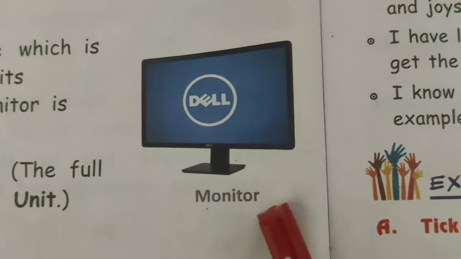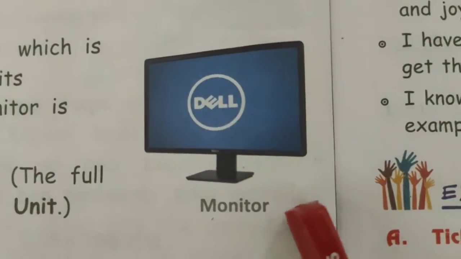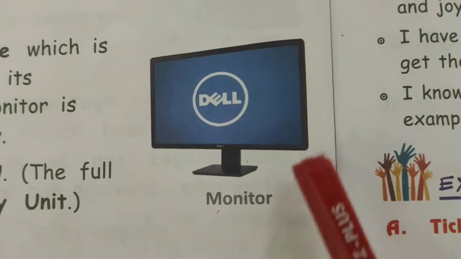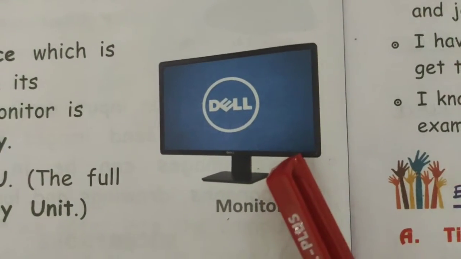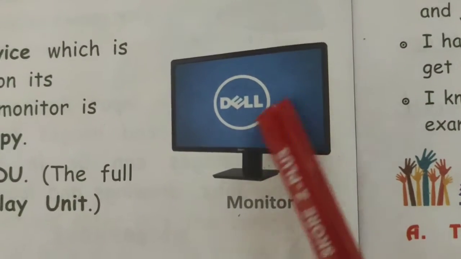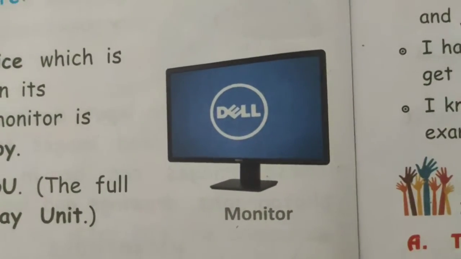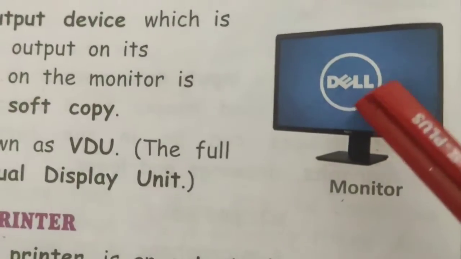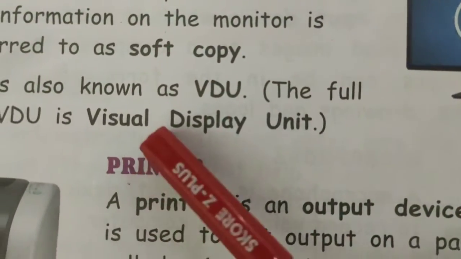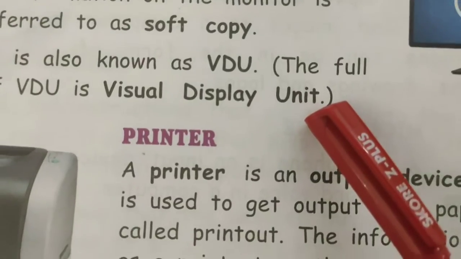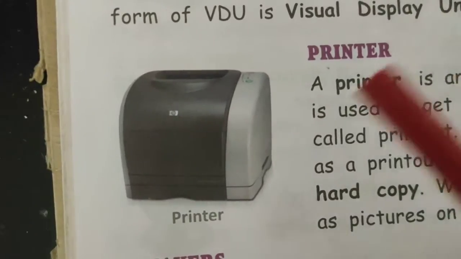First is monitor. Monitor is an output device which is used to display the output on its screen, and information on the monitor is referred to as a soft copy. Monitor is also known as VDU. VDU stands for Visual Display Unit. Next is printer.